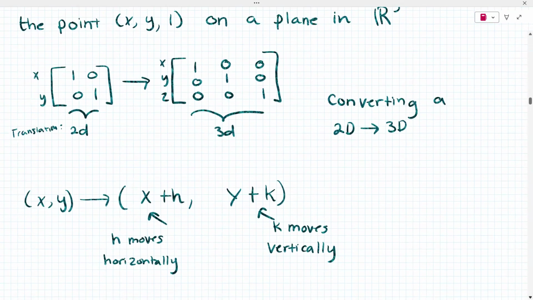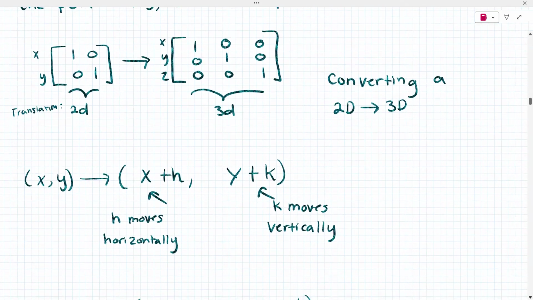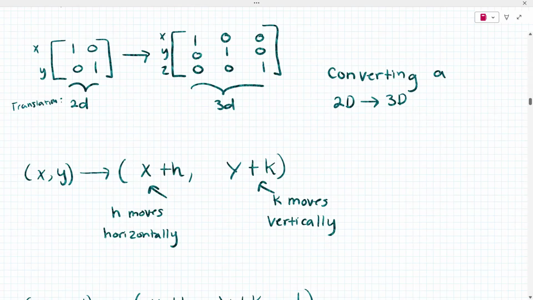And we can do translation. If you want to move it horizontally, H moves horizontally, you just do a plus H. And you could do a vertical translation, K moves vertically.